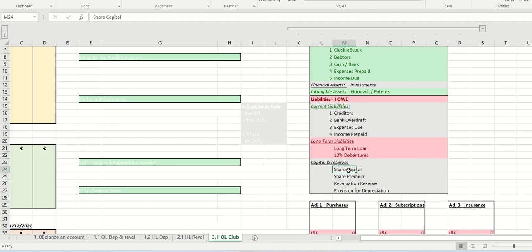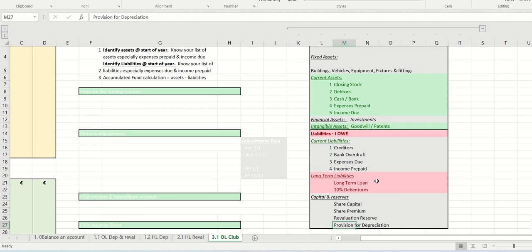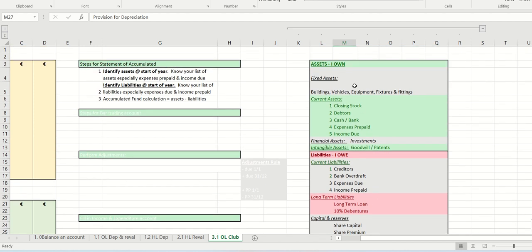So we've got our share capital, share premium, revaluation reserve, and provision for depreciation. All provisions and reserves go down in the capital and reserve section. We don't have any of those at ordinary level club, but I just want you to have the full list. So first job, guys, need you to learn these really well.